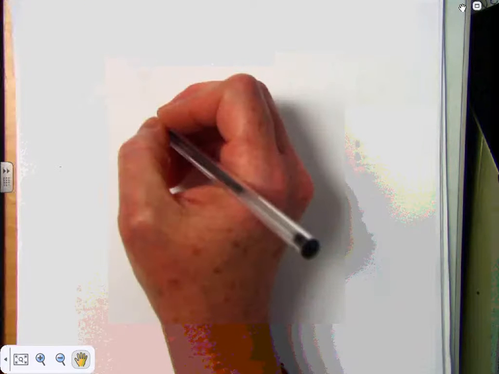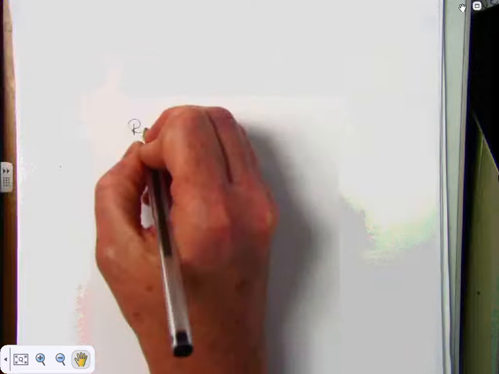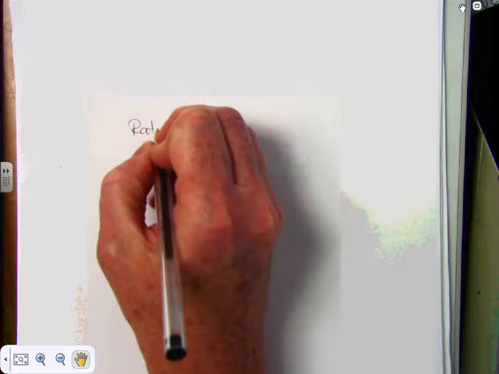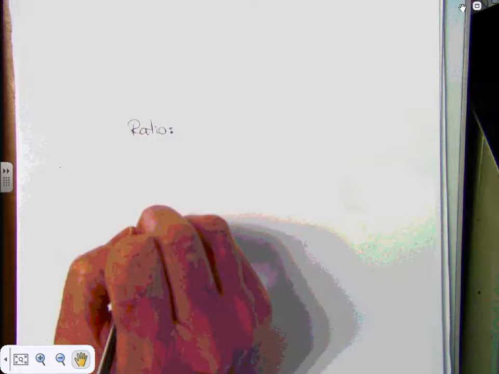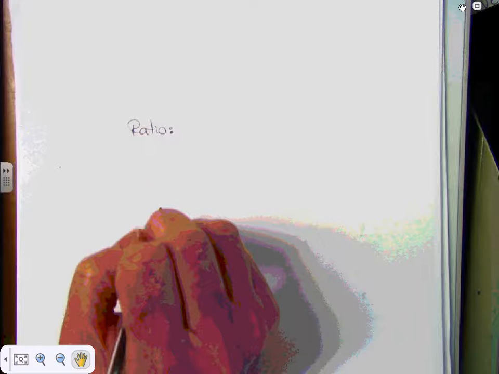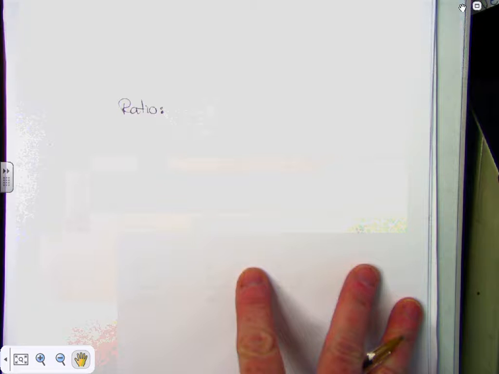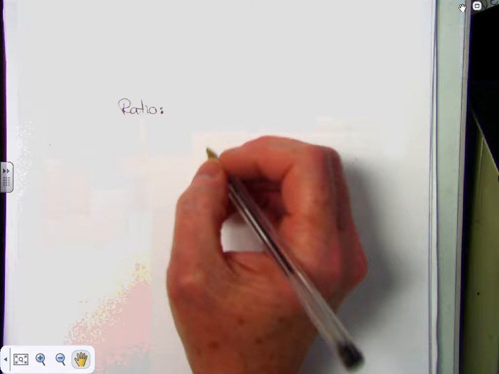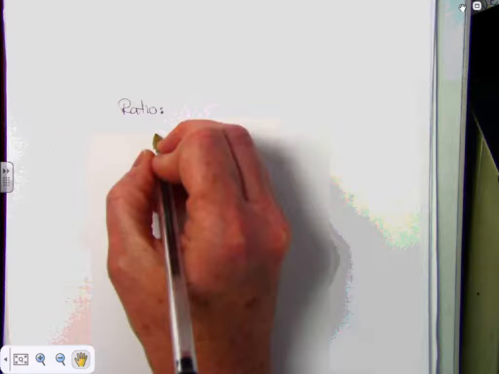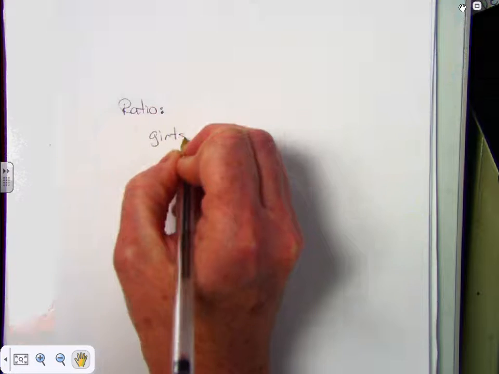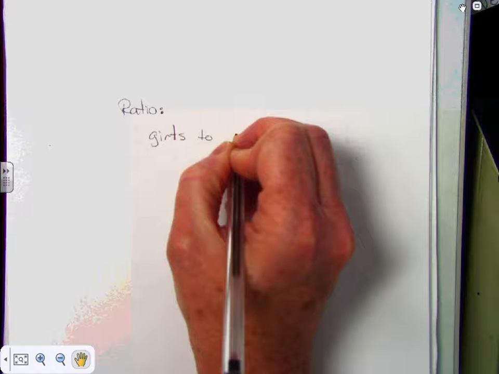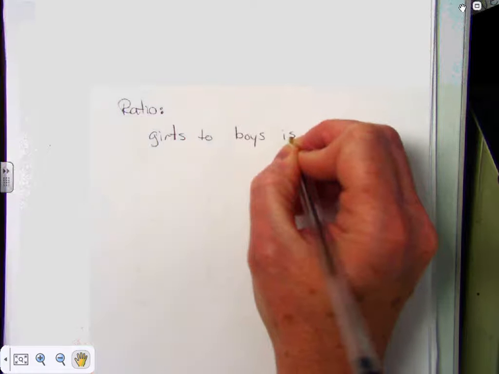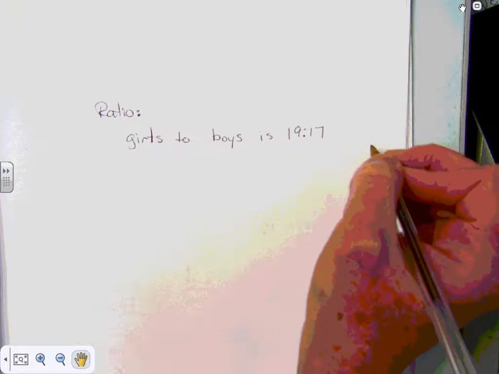Example number 8 in your notes, ratios. A ratio is just a fraction, okay? A ratio is just a relationship between two numbers that's written like a fraction. In this situation, it says the ratio of girls to boys is 19 to 17, all right?